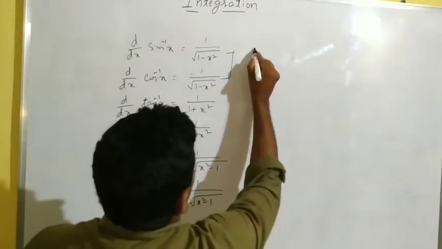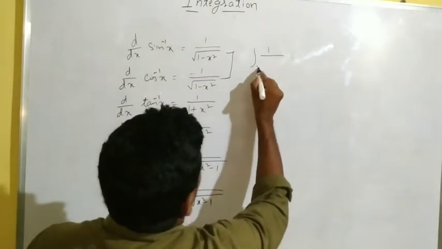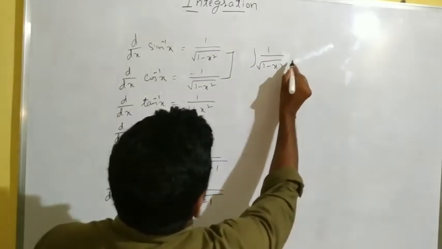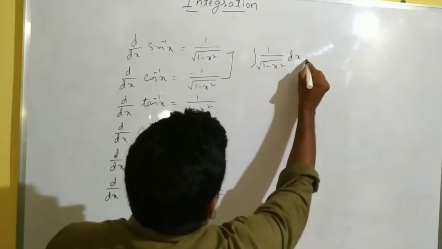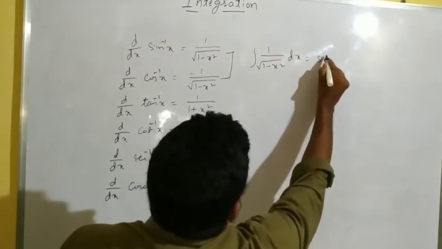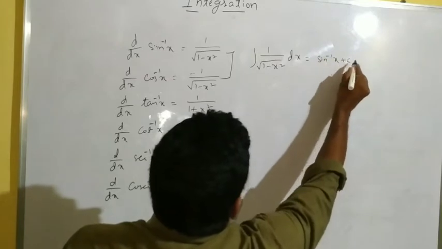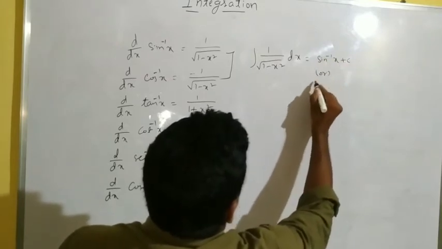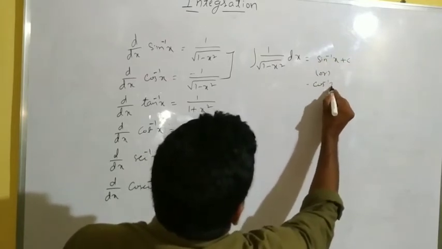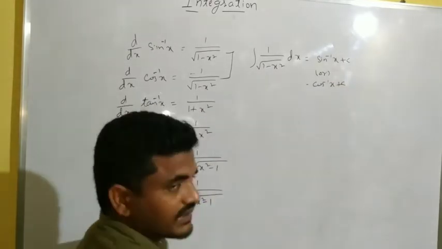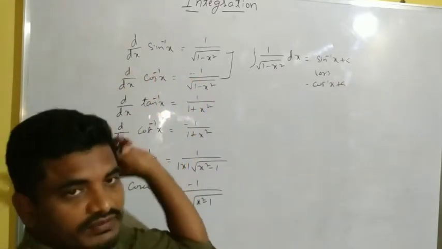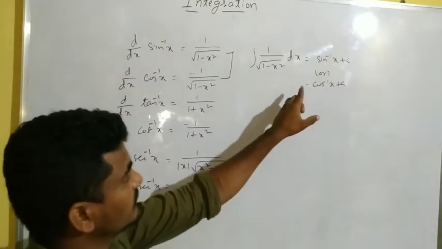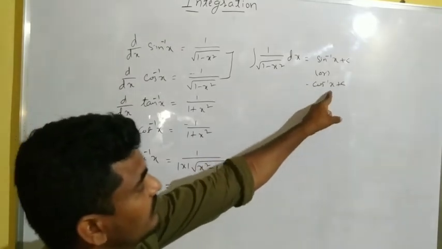That's why the integration of 1 by root over 1 minus x square dx equals sin inverse x plus c or minus cos inverse x plus c. Already I said minus will always go to the left side when you do integration. Okay, minus cos inverse x plus c.